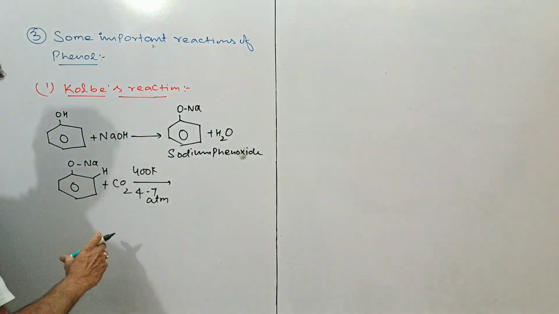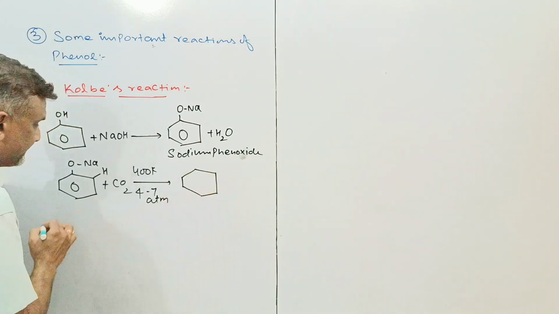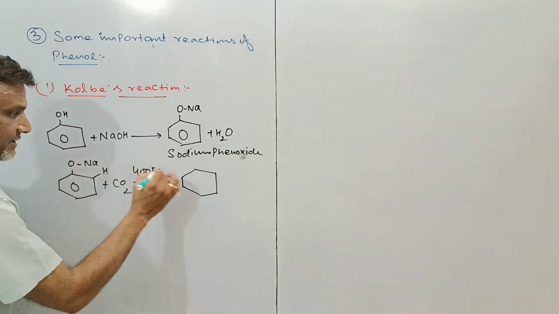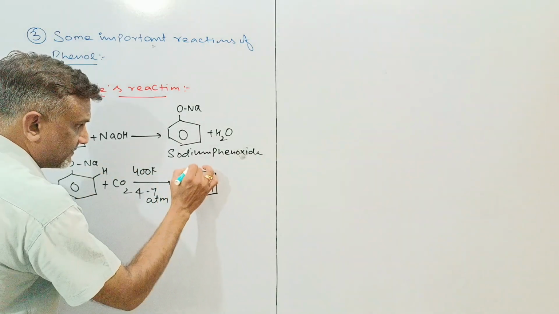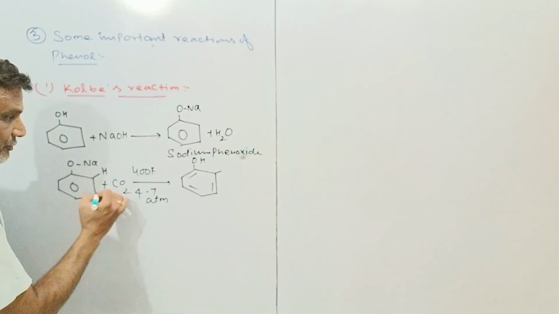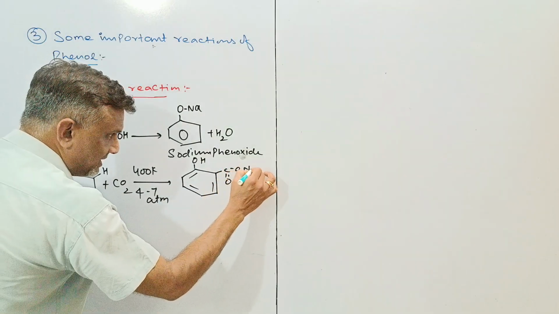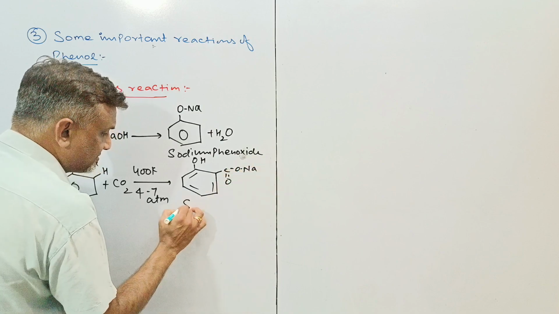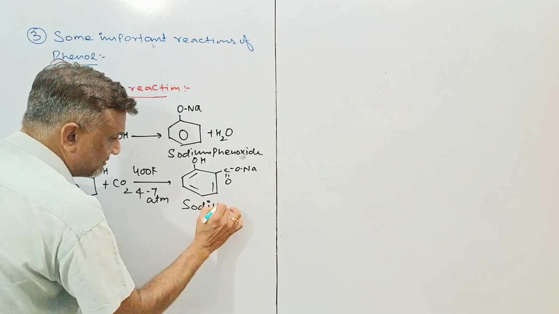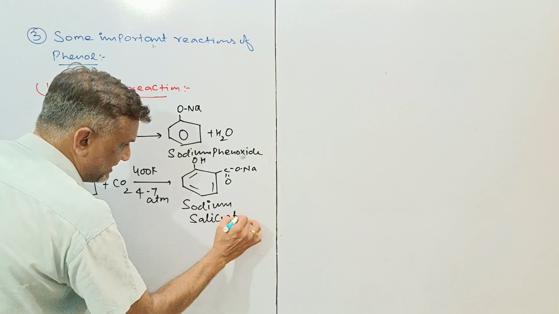And what is that? It is as follows. H shifts over here. This is the OH, and the CO2 will be as follows, COONa. This is called sodium salicylate.